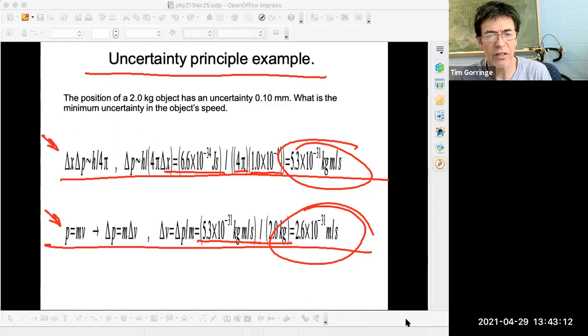If you take an everyday object with an everyday position uncertainty and you calculate the theoretical limit on how well you could know its momentum or its velocity, you find that this quantum limit, this modern physics limit, this Heisenberg limit, is tiny, tiny, tiny. You could never measure it this accurately. So this is a theoretical limit, but you could never measure it that precisely for everyday objects.